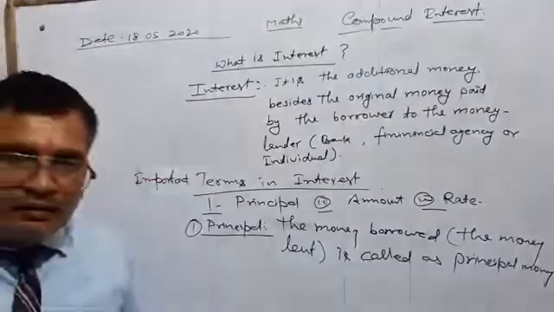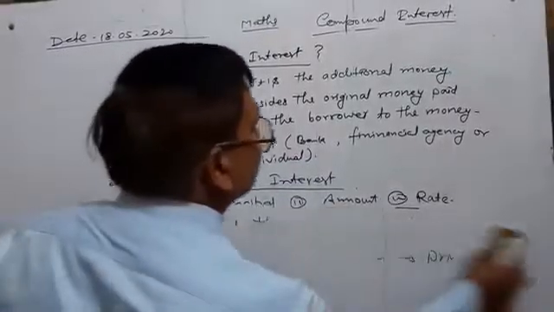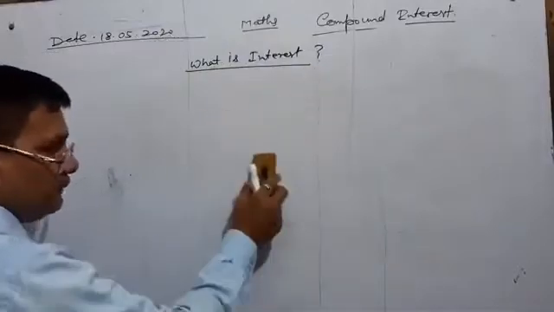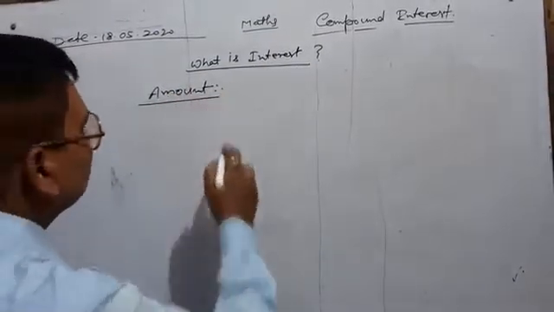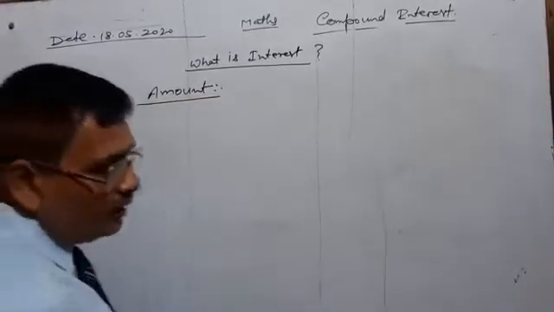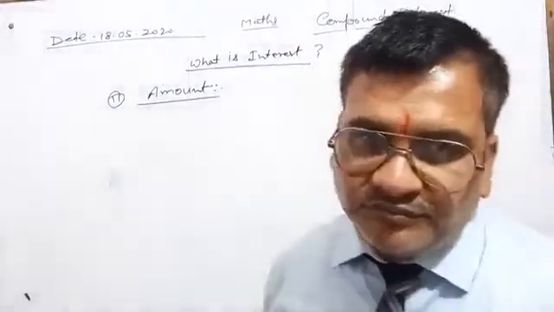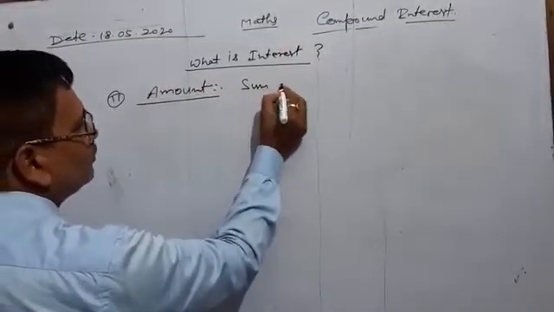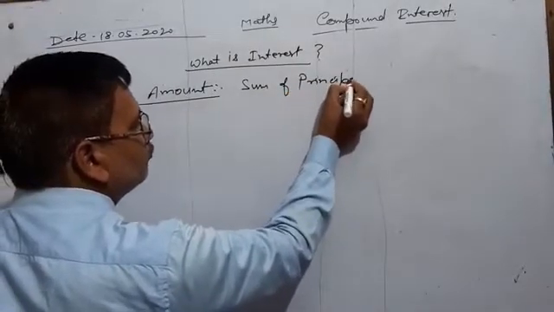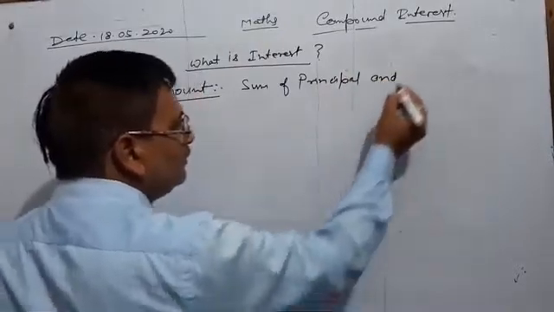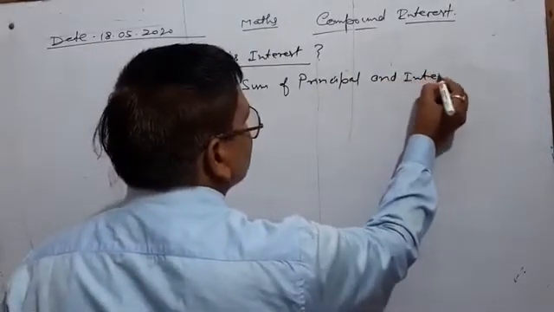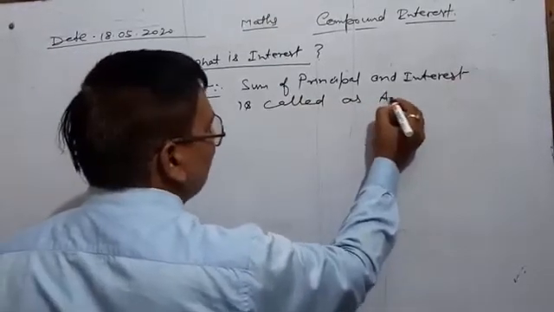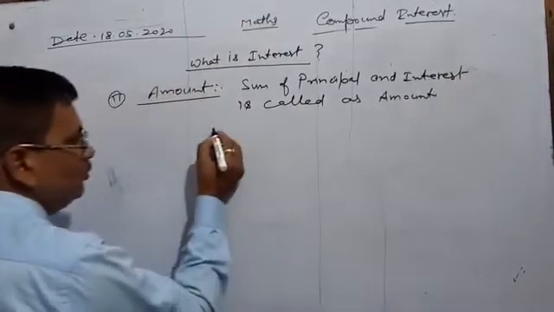Second, amount. The sum of principal and interest is called amount.